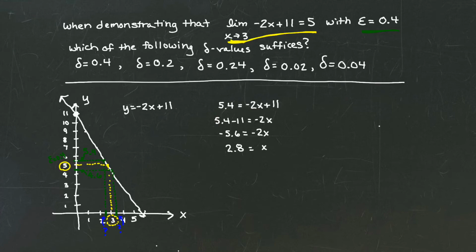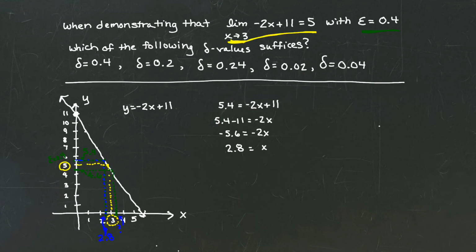So our x value corresponding to the y value of 5.4 is 2.8. That's this value right here, which when I map up goes to the y value 5.4.